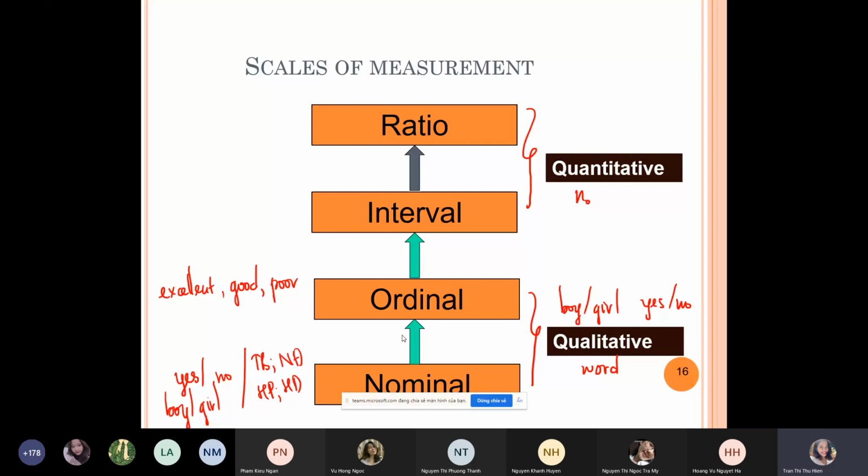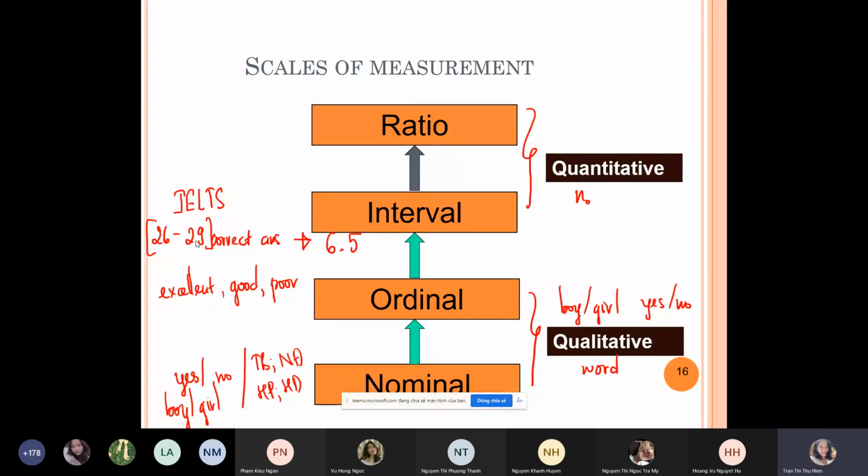For example, for the IELTS test, when you give from 26 to 29 correct answers, you will get 6.5. So it is the interval from 26 to 29. You will get 6.5 for the IELTS mark. So in this case, it is interval.